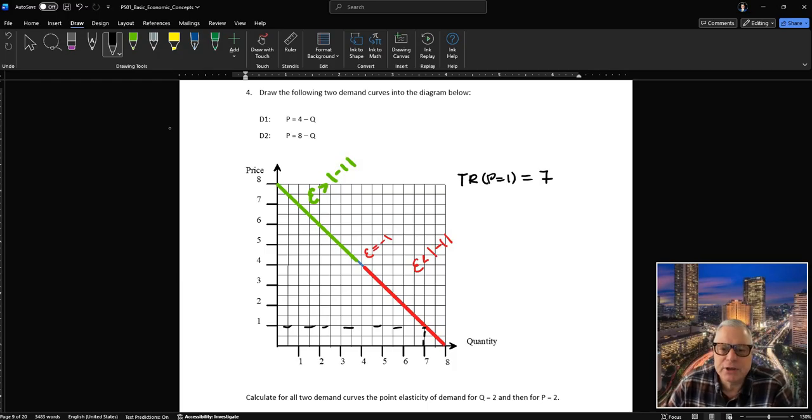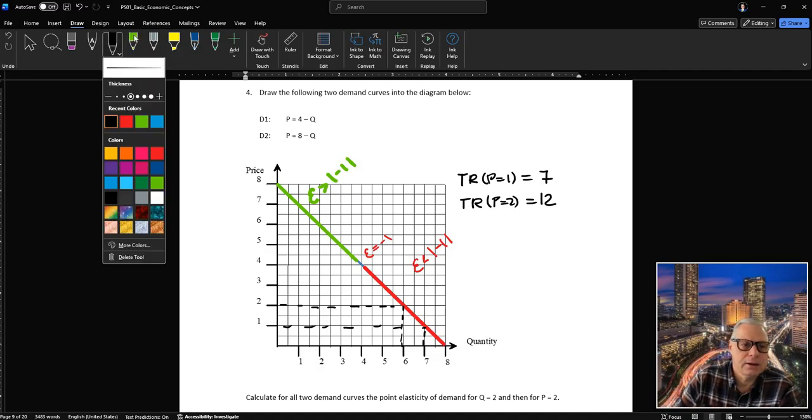Now let's say we increase the price, so we operate on that inelastic part. So the new total revenue is associated with a price of 2. We lose some quantity, but now we sell 6 units at a price of 2, which is 12.